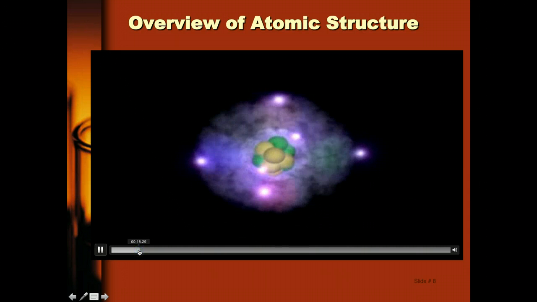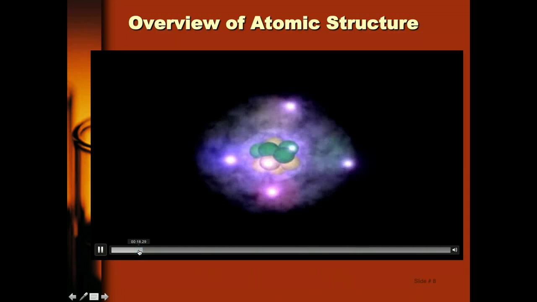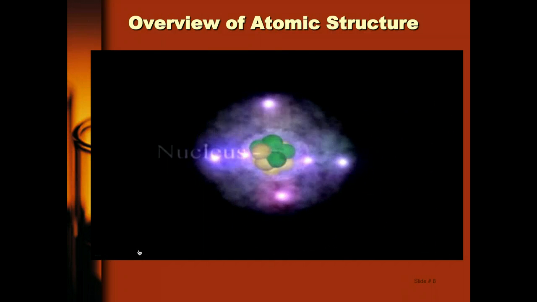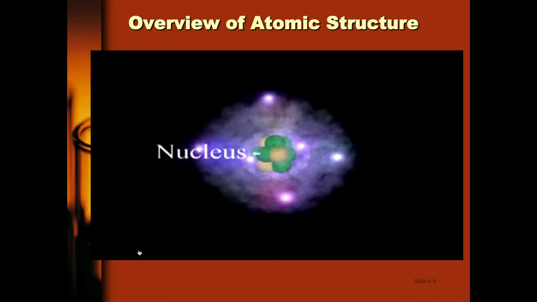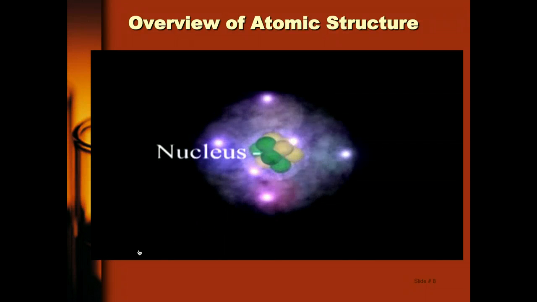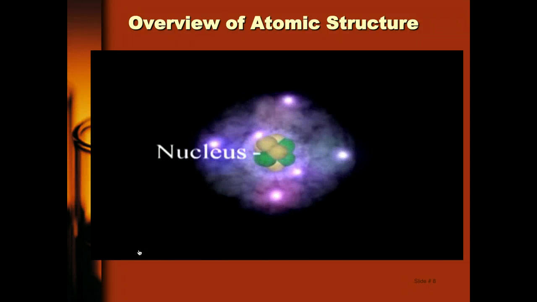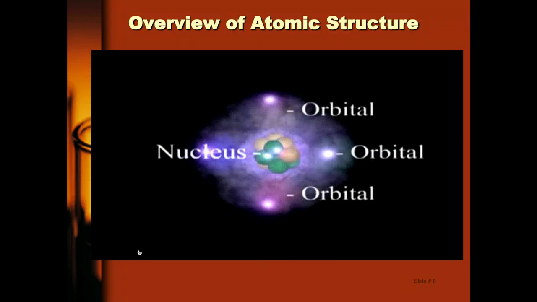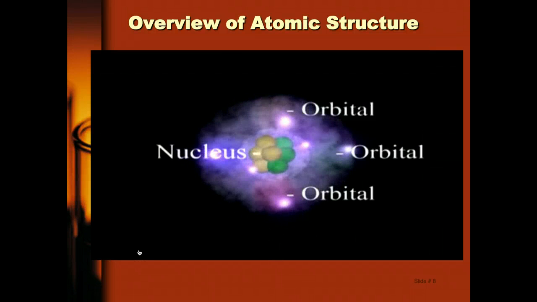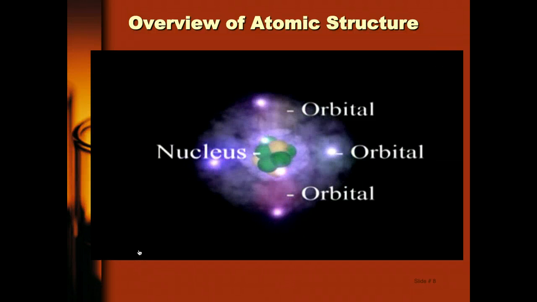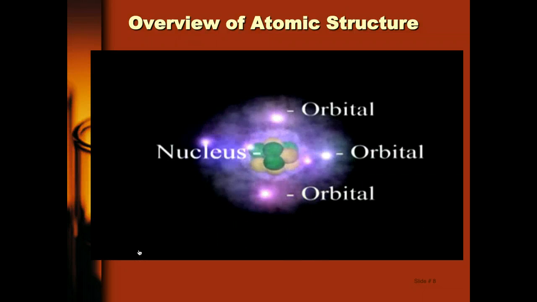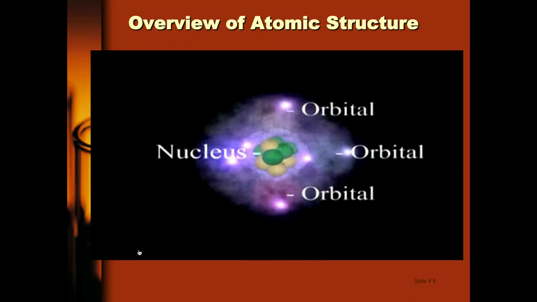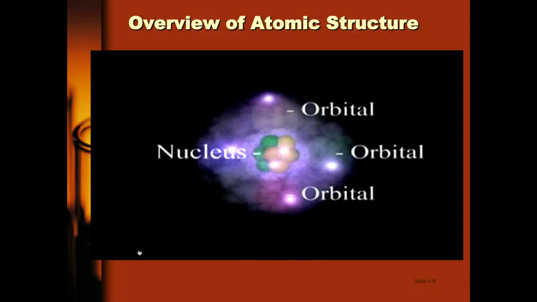Atoms are divided into two major parts: a centrally located nucleus that contains positively charged protons and uncharged neutrons, and one or more orbitals, regions in the space surrounding the nucleus in which negatively charged particles, called electrons, travel about continuously at nearly the speed of light.